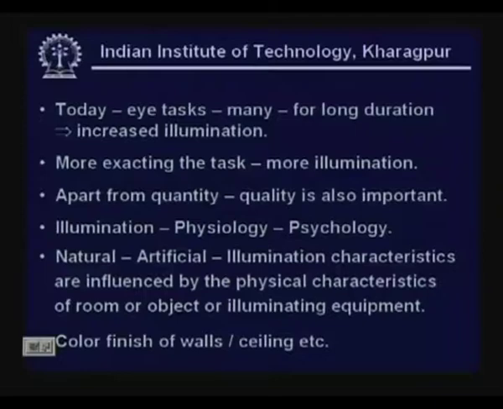The physical characteristics could be in the form of the finish of walls, whether the light gets reflected or absorbed. All of us are aware, most of our residential rooms are with a white roof, so that most of the light impinging on the roof or the ceiling gets reflected and is available for tasks on the ground or on the table. That is how, and even in the walls, most of the light is allowed to reflect.